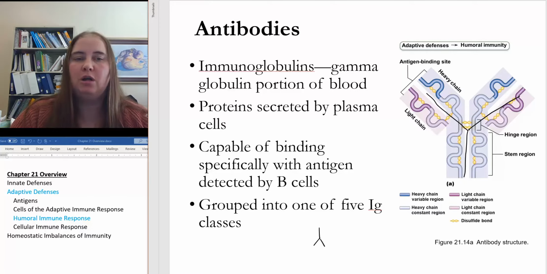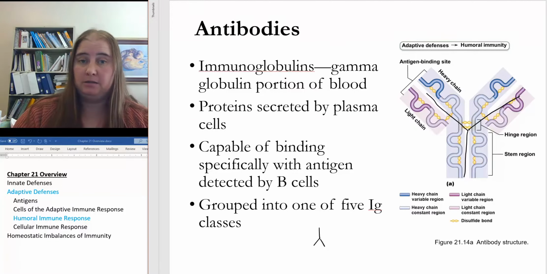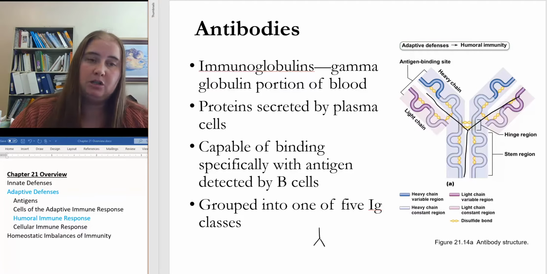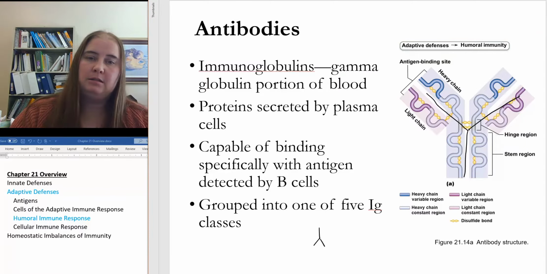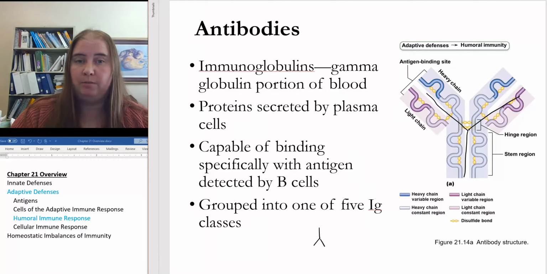You don't need to know the heavy chains and the light chains or the hinge regions and what makes different antibodies. But essentially, antibodies are what we call immunoglobulins, and they're proteins that are secreted by our plasma cells. Remember, our plasma cells are activated B cells, and they're capable of binding specifically with antigens detected by that B cell.